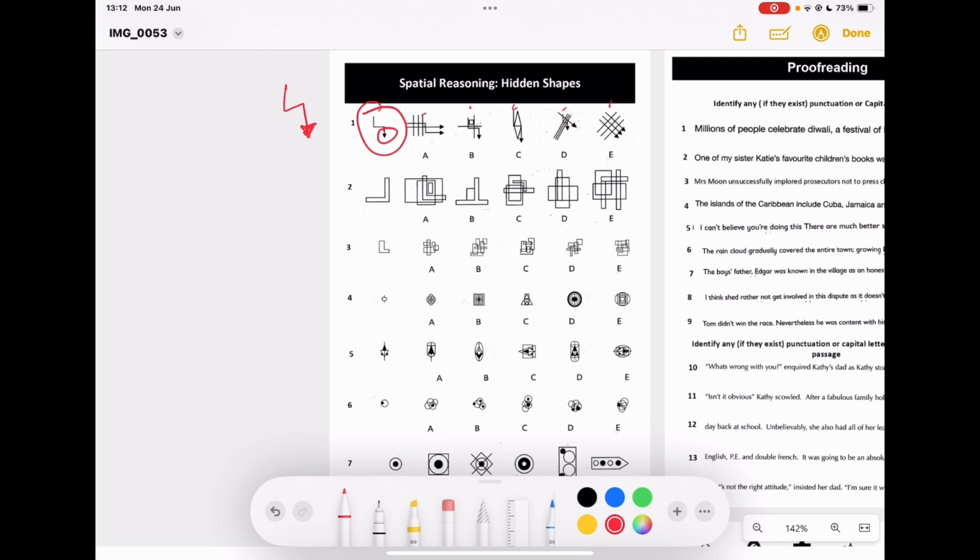So what we can see here is that in A, for example, we'll be looking for the shorter side here, but then that isn't the case for either of these arrowheads, so we can cross it out.